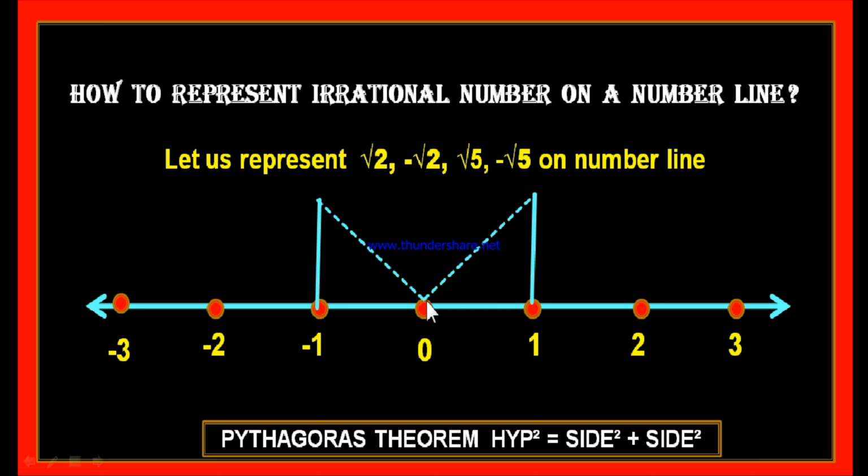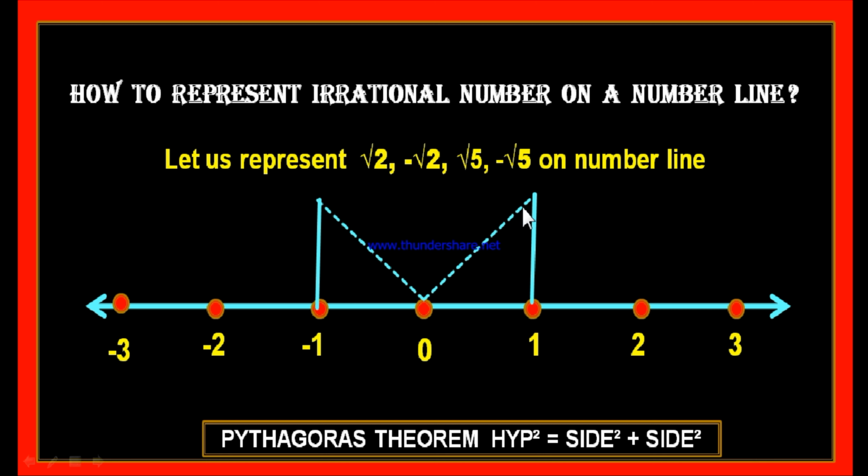If we join this point 0 to this end, then it becomes a right triangle. In this right triangle, this side is equal to 1 unit as the distance from 0 to 1 is 1. And also we draw this line segment with 1 unit only. This is 1 unit and this is 1 unit. This is the right angle.